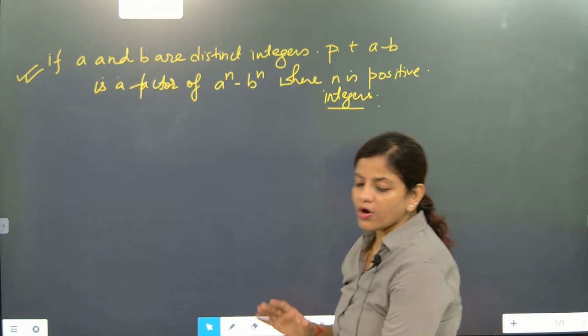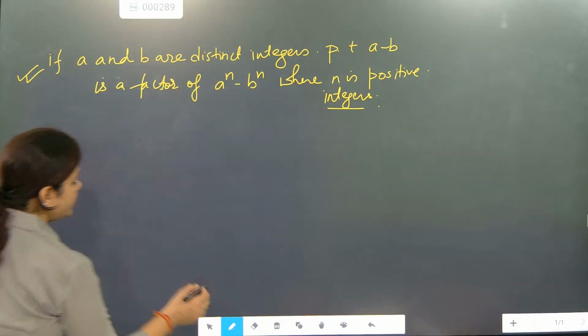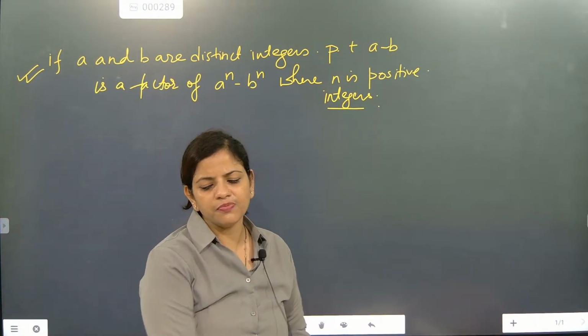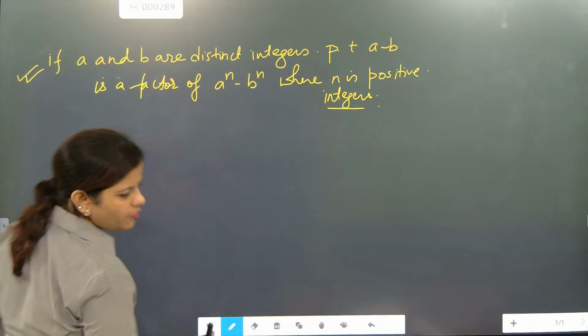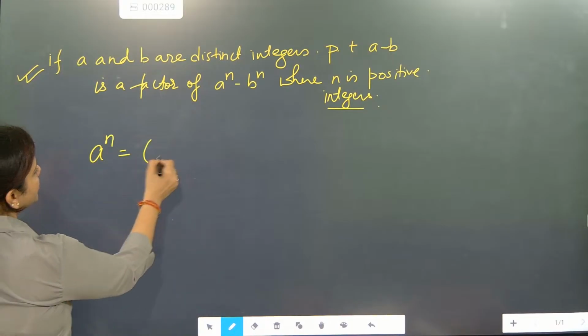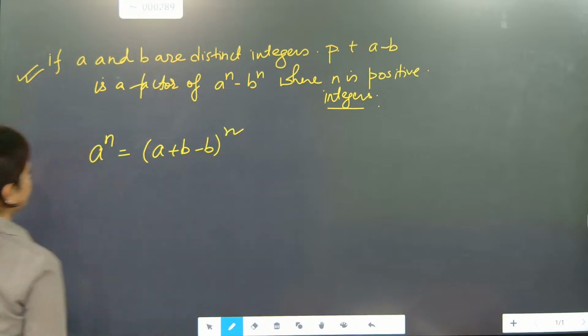So what are we going to do in this question? First, let me repeat it one time so that you make your hand free. One time of practice is not going to affect anything. a to the power n can be written as (a minus b plus b) to the power n.